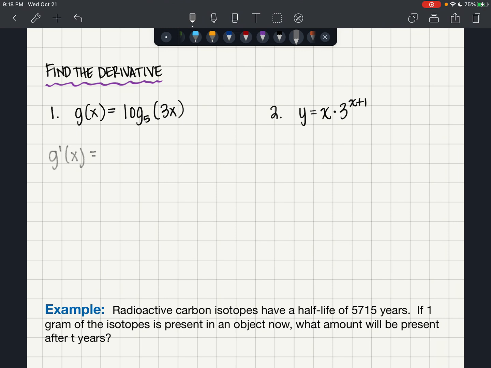Okay, if you're back, you should have 1 over the natural log of the base times 1 over the argument times the derivative of the argument. The 3's cancel out, and we're going to have g prime of x is equal to 1 over x times the natural log of 5.